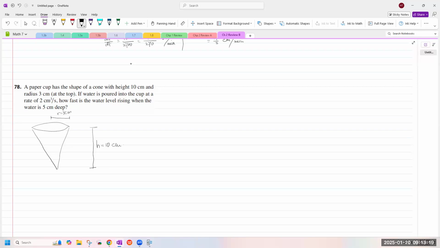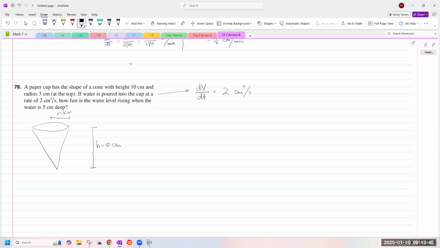Okay, now if the water is poured into the cup at that rate, that will be dV/dt, huh? The change of the volume, and it is increasing. That will be 2 cubic centimeters per second. How fast is the water level rising when the water is 5 centimeters deep?